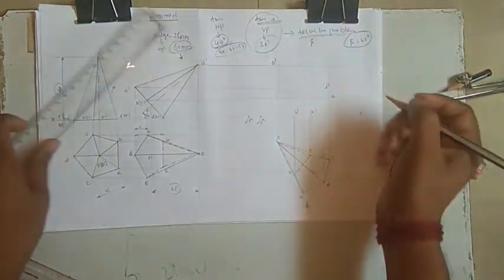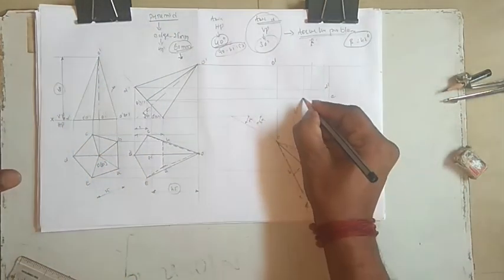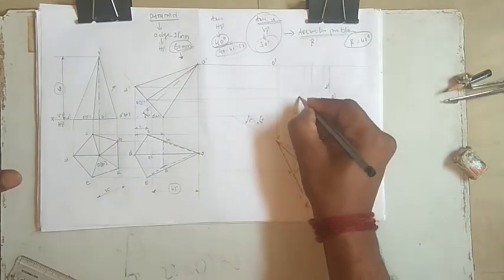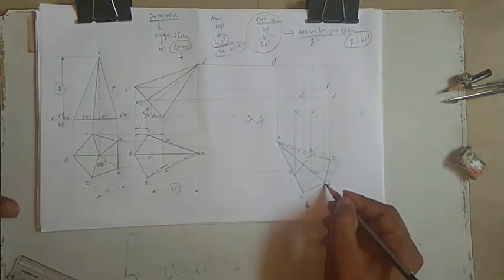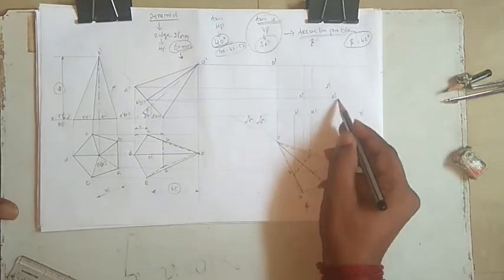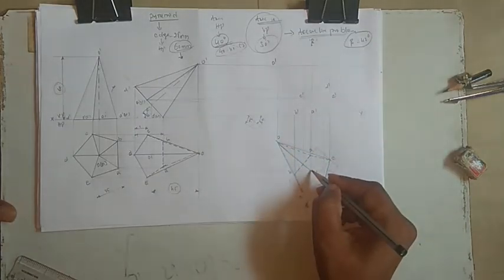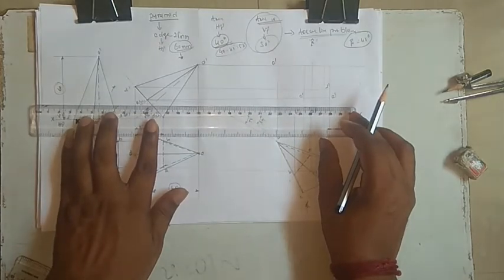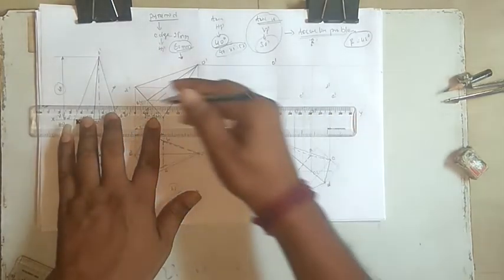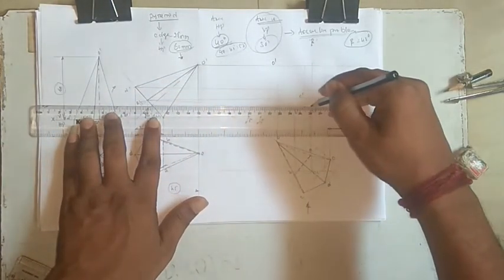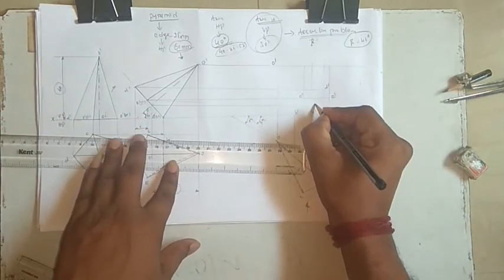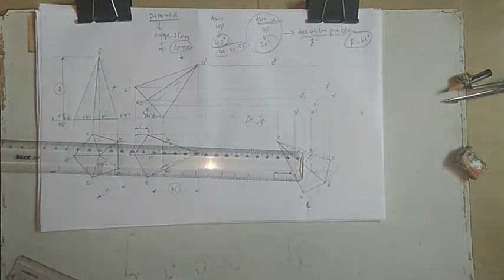So this is E, and this is C dash. Next we got A, B, C, D, E, and we want to have a O1. So O1 is here. So this is our O1 dash.